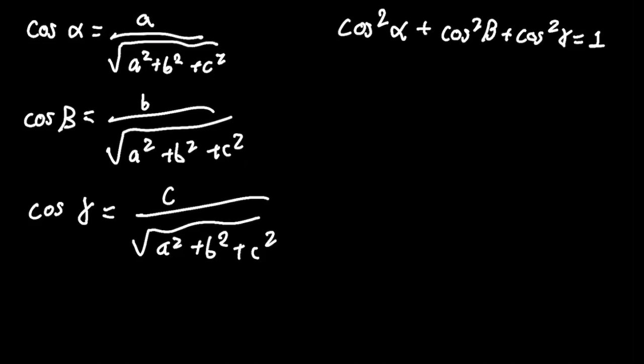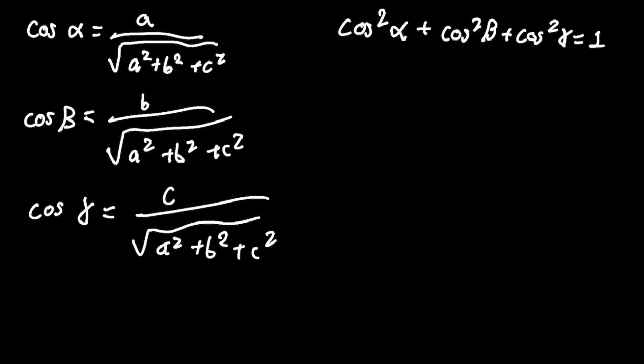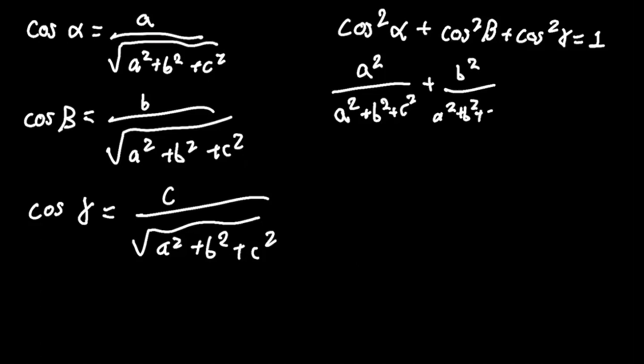And this is true because if we replace cosine with the right sides that we see here, and then square it, cosine squared of alpha is going to be, well, we could square the numerator and denominator separately, so a squared over, and if we square a square root, it undoes the square root, so a squared plus b squared plus c squared. For cosine beta, we get b squared over a squared plus b squared plus c squared.